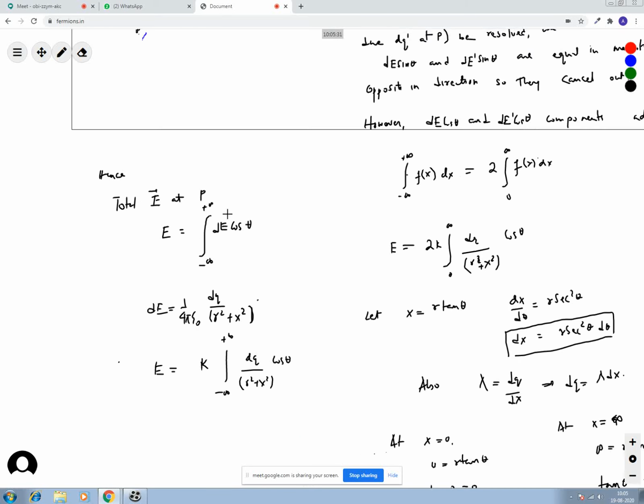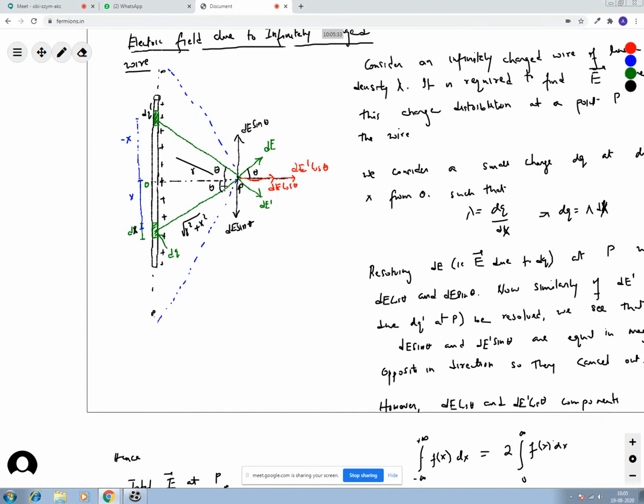Now let us have a look at the picture. Now you see why you have taken this angle theta, because imagine you are increasing theta from 0 to 90. That means when this angle is 90.